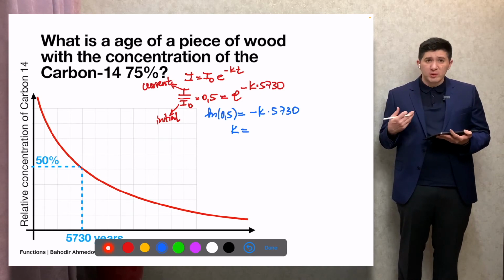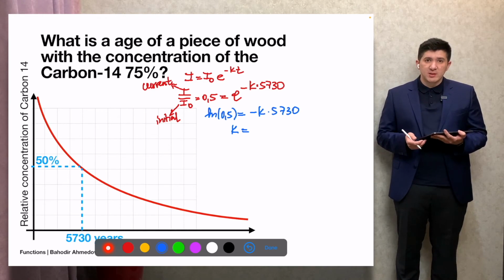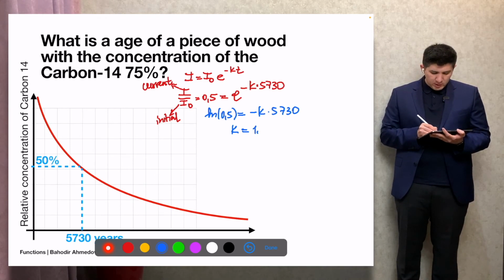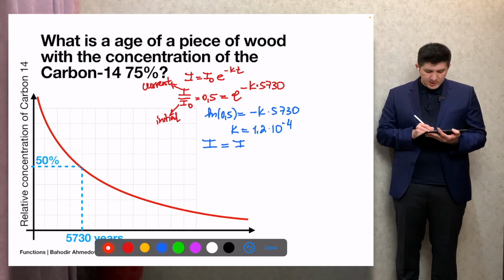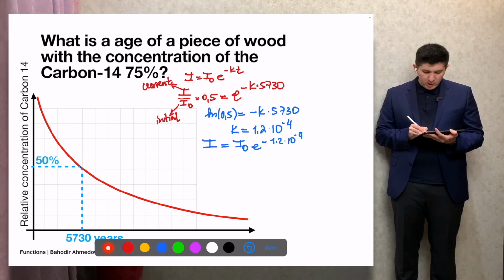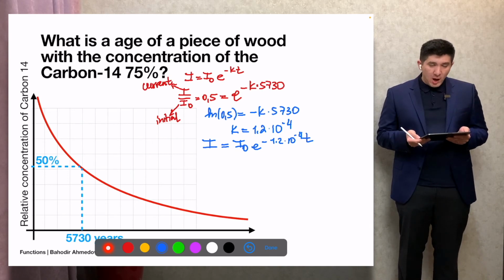You can figure out the value of ln of 0.5 and divide this by negative 5,730. You're going to get 1.2 times 10 to the power of minus 4. Okay, so now I know exactly the equation of the decay of carbon-14. It is going to be I0 e to the power of minus 1.2 times 10 to the power of minus 4 times t.